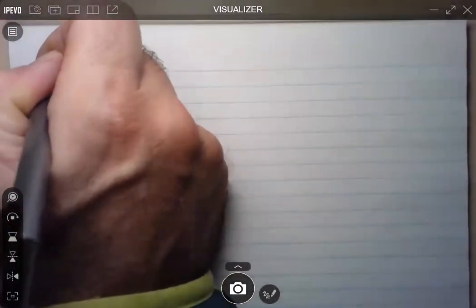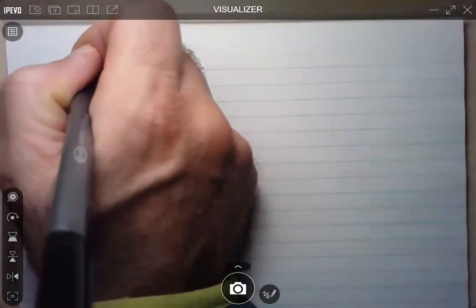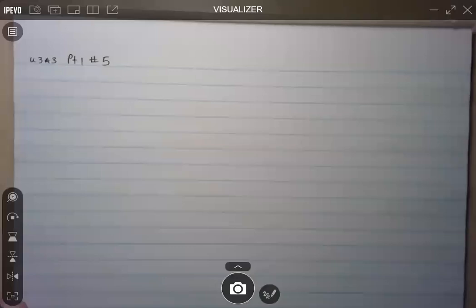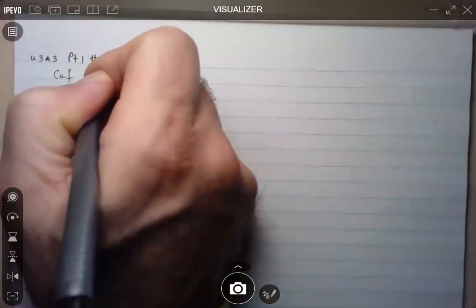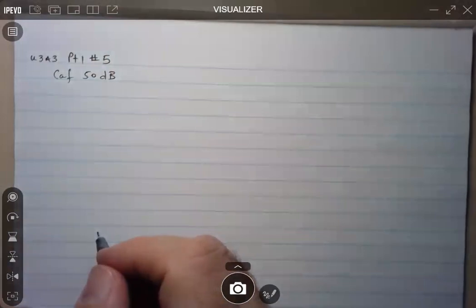Okay, so let's go to unit 3, assignment 3. This is part 1, number 5. And let's see what that is asking us for. It says the noise of the school cafeteria is recorded at 50 decibels. So the cafeteria is 50 decibels.